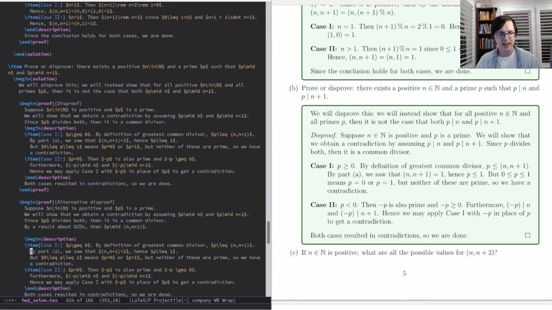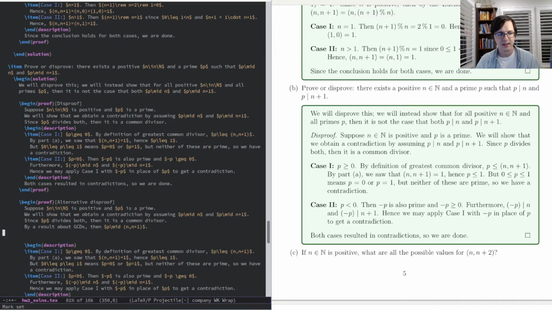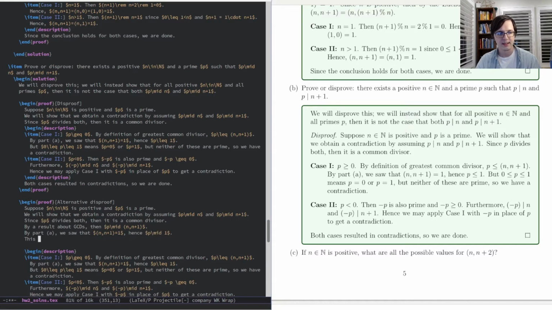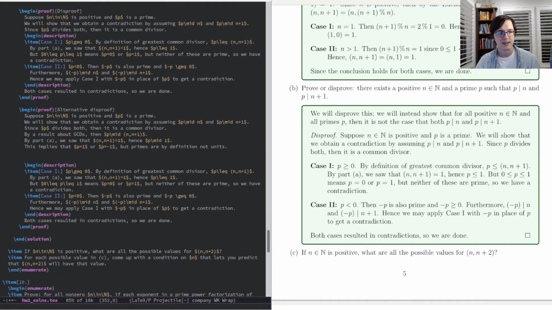And then by part A, we saw that the GCD is 1, hence p divides 1. This implies that p equals 1 or p equals minus 1, but primes are, by definition, not units. Therefore, we have a contradiction.